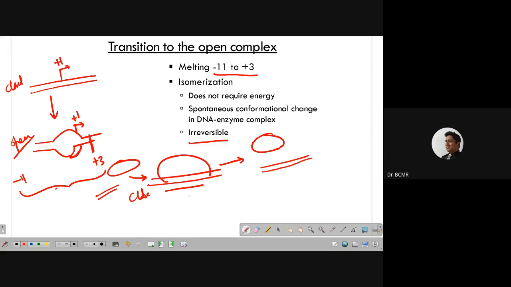But once it has formed an open complex, that interaction is irreversible, meaning that RNA polymerase will not dissociate from that promoter at that point. It will have to go through transcription. Okay?